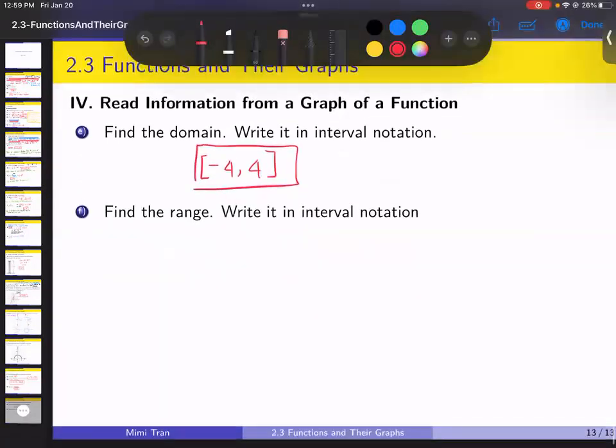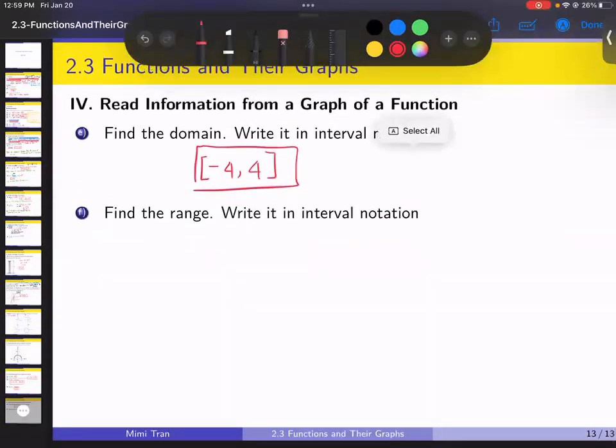What is the range? Where does it start? It starts from the x-axis, right? So it starts from 0.